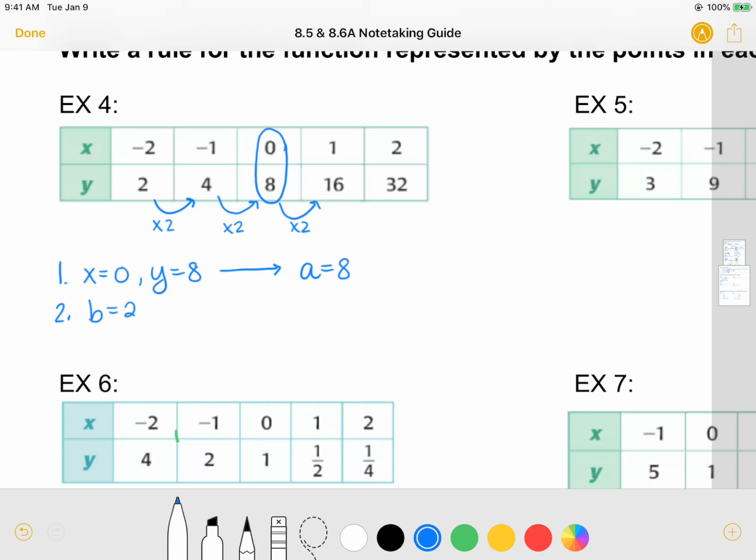And our third step is to plug in a and b into our exponential function y equals a b to the x power. So then our model will be y is equal to 8 times 2 to the x power. Okay, so that will be the answer right there. That is our rule for the function.